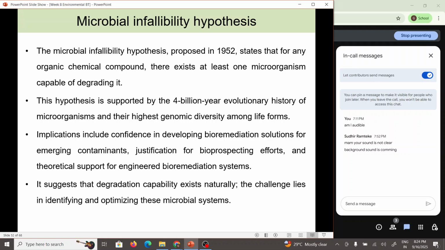The challenge lies in identifying and optimizing these microbial systems. So we are not going to create something that is not at all present in nature. It is already present. We should work on identifying wherever it is present and then scaling it up for the better good. So this is about the microbial infallibility hypothesis, which is one of the important hypotheses in bioremediation.